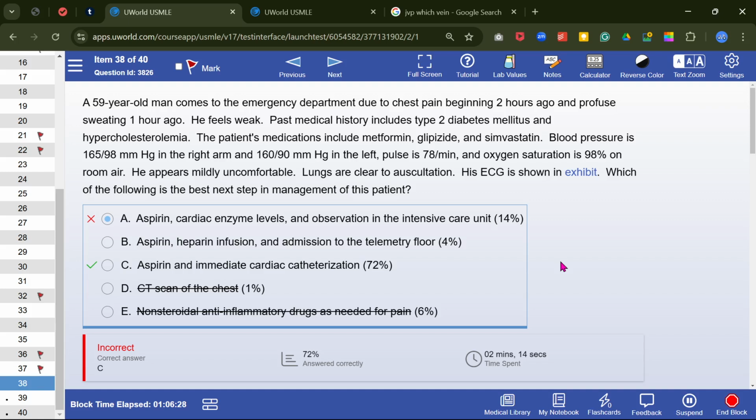But what happens in this patient? We need to monitor. We need to admit the patient, because the troponin I actually rises as time passes. Troponin I actually rises after 6 hours. Okay.